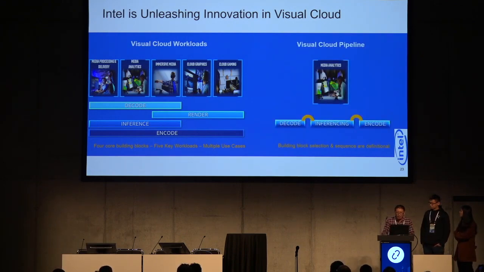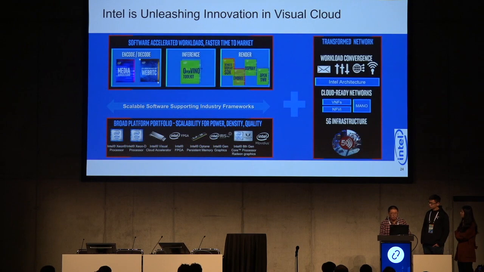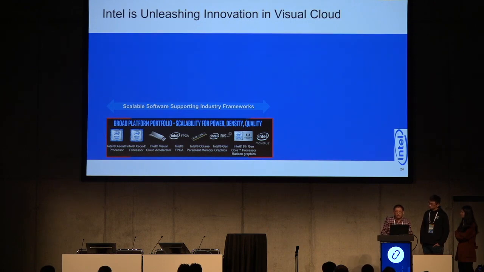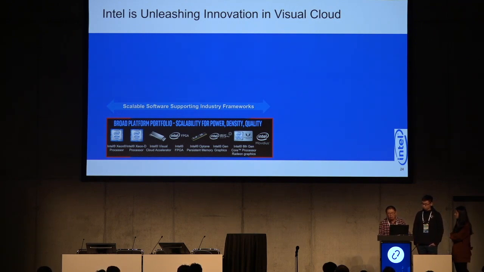This is a media analytics pipeline. It goes through decode, inference, and encode processes. The Visual Cloud is a full stack, including hardware and software. The hardware covers different domains in computing, storage, and networking, such as Xeon processor, VCA card, Optane persistent memory, graphics card, and movidius.